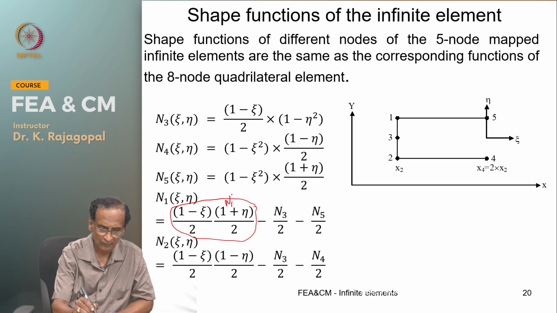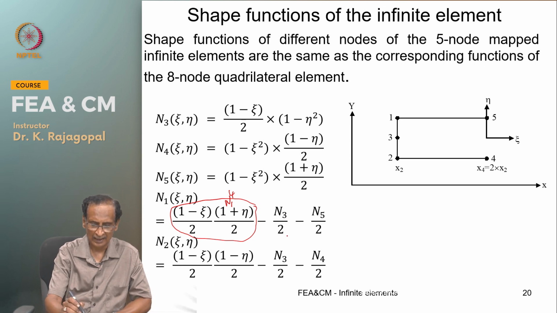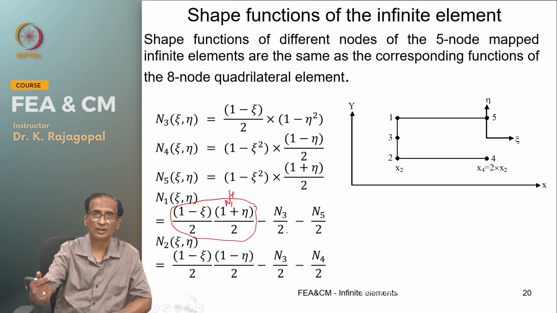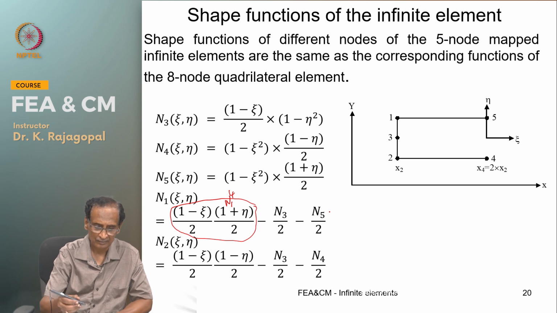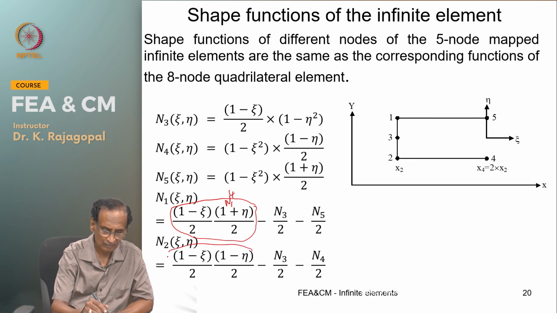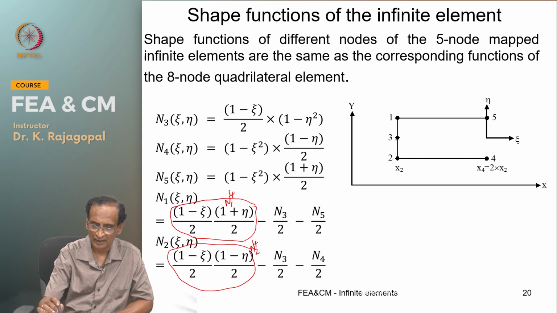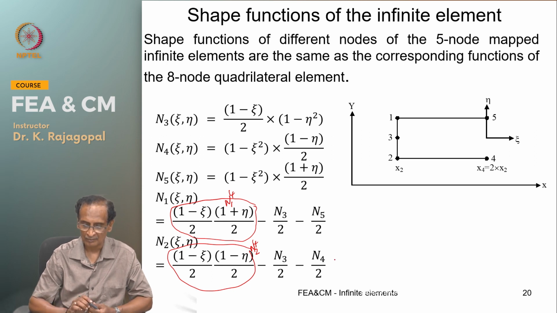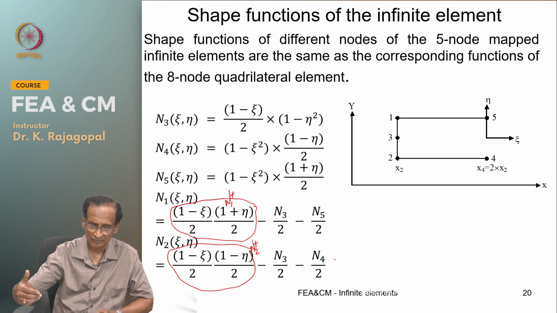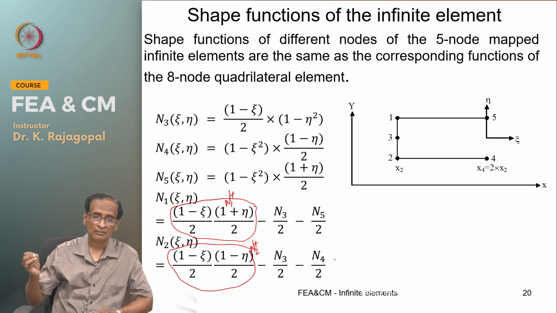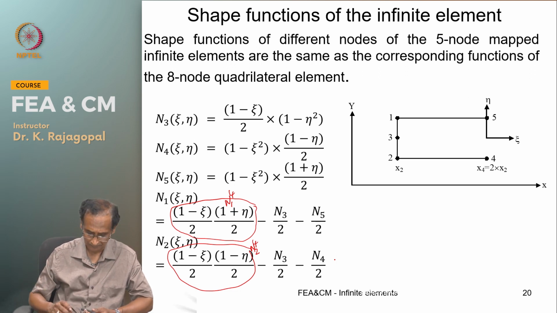I can write it as N1 for the 4 node element minus N3 by 2 because we have defined one mid side node in this line, then N5 by 2 because we defined another mid side node along the horizontal line, and then similarly N2 is N2 for the 4 node element minus N3 by 2 minus N4 by 2, and then we have the 3 other shape functions for nodes 6, 7, 8, but we do not bother about them because anyway we are not going to use them for interpolation because the displacements and the pore pressures are 0 at that far off location.